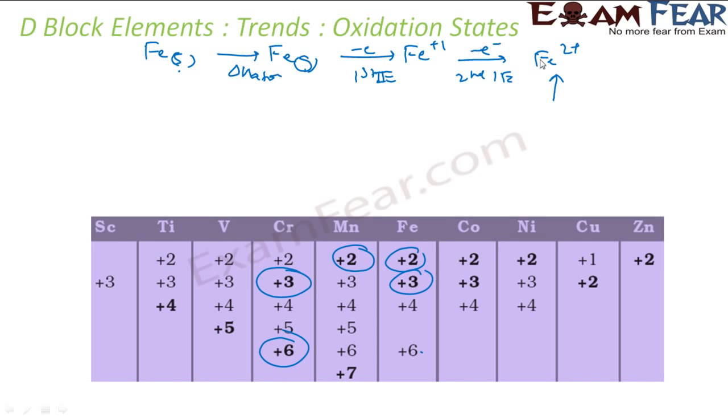Why? Because energy is released. When it forms, let's suppose FeCl2 or any compound with a plus oxidation state, there is the lattice enthalpy, or hydration enthalpy in case of liquid. So let's suppose it forms a solid compound, then you talk about the lattice enthalpy. If you talk about a liquid compound with iron in +2 oxidation state, we talk about hydration enthalpy.